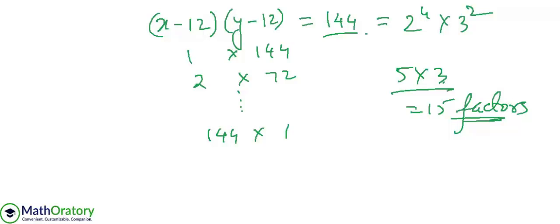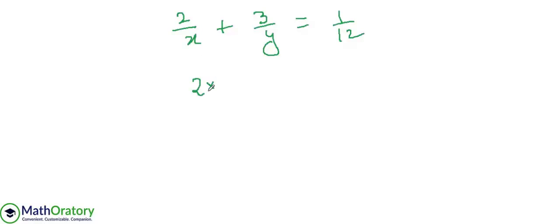Another part, I'll just try to elaborate right here itself. Suppose I have something like 2 by x plus 3 by y is equal to 1 by 12. Again, if I multiply by 12xy, I have 2 into 12y plus 3 into 12x is equal to xy.